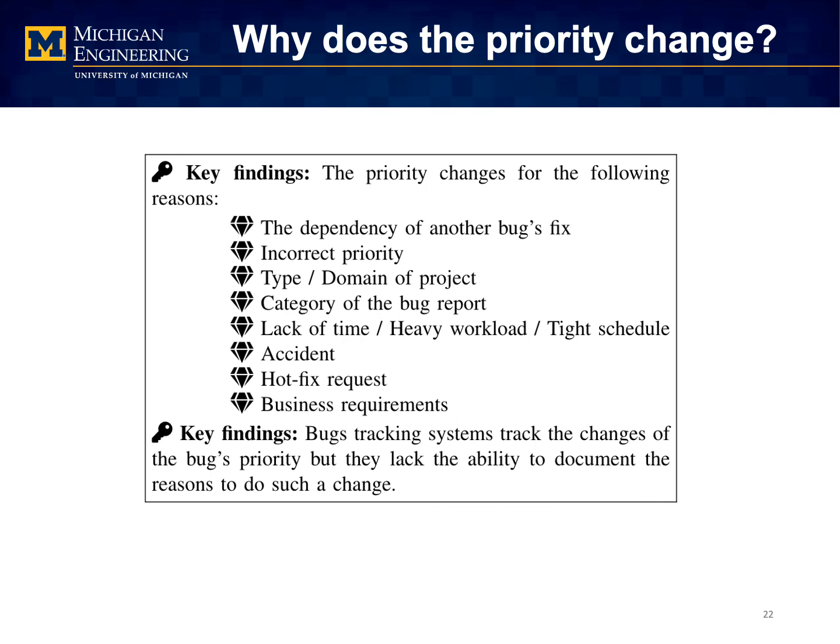It could be a dependency on another bug report, incorrect priority, type or domain of project, category of bug report, lack of time, heavy workload or tight schedule, accidents, hotfix request, or business requirement. We also found that bug tracking systems track the changes of bug priority, but they lack the ability to document the reasons for such a change.